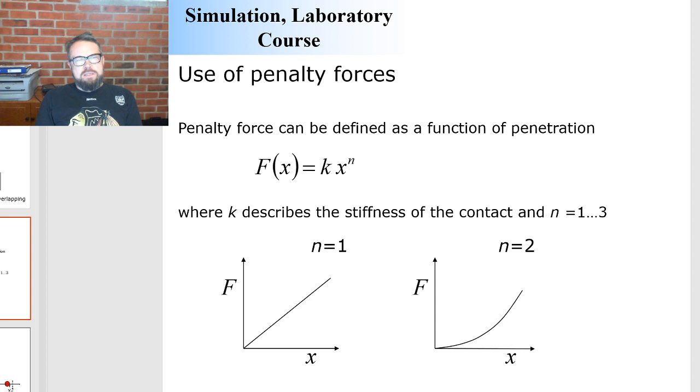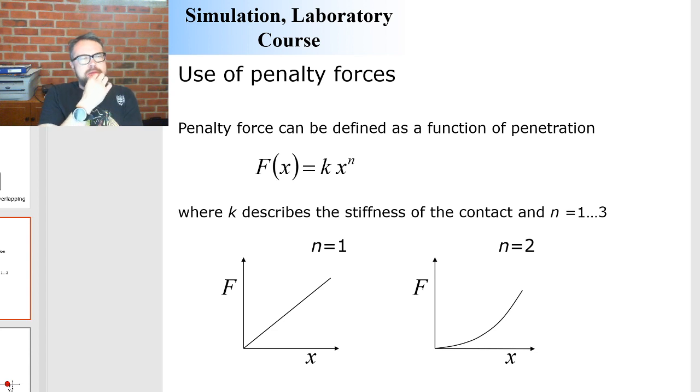Then what follows is that we simply introduce a force that is a function of the penetration. There are many different varieties of how that can be carried out in practice, but basically we assume these two objects to have some kind of stiffness. This stiffness depends on the parameters one defines, or how we assume the material to behave.